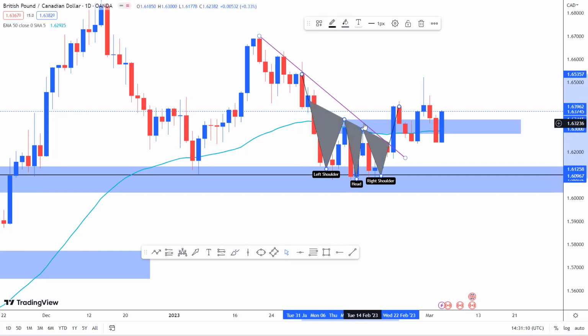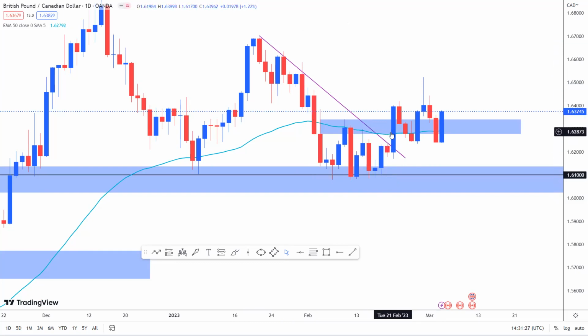So we can clearly see we have lots of confluences at play right here, telling us that the buyers have pretty much stepped into the market, and we are very much expecting to see more bullish pressure from GBP card.